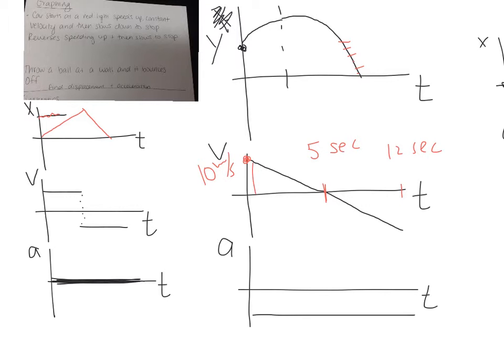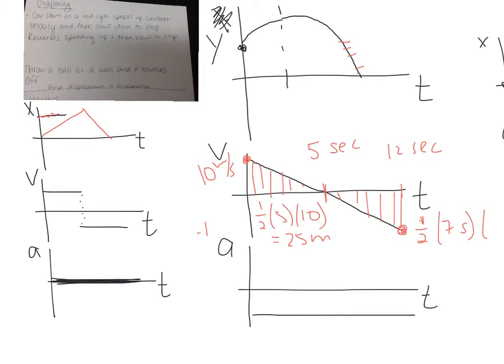All right, so for the displacement, we take this triangle plus this triangle, right? So we're going to do 1/2 times 5 seconds times 10 meters per second. So that's going to be 25 meters, right? And over here, we're going to do 1/2 times 7 seconds times, we don't know the final velocity, let's just say it's negative 13 meters per second down here.